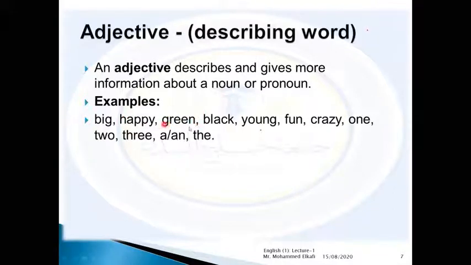Green, green house, green blouse. Black jacket. Jacket is a noun and we use black to describe it. Okay, it tells us about the color.